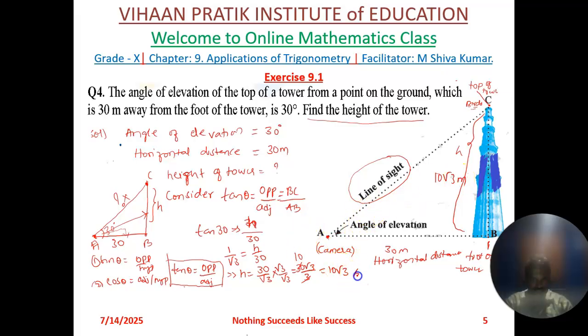If we want an accurate answer, then we substitute the value of root 3, which is 1.732. AC equals 10 into root 3, which equals 10 into 1.732, which equals 17.32 meters. That is the accurate answer.